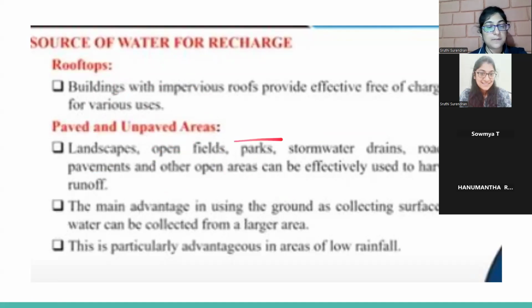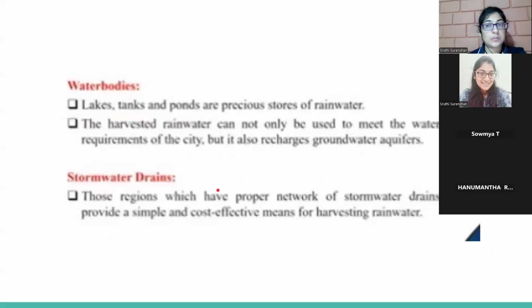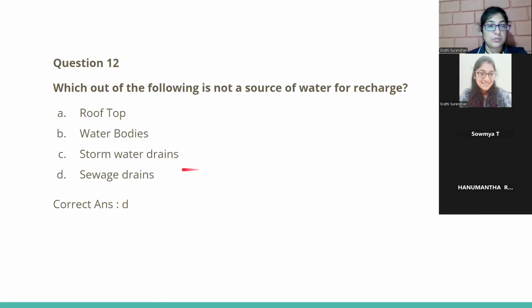Paved and unpaved areas will have surface runoff, which is going to go into slopes or collection points or stormwater drains, which can be used as a source of water for recharge. And there are water bodies like lakes, ponds, and tanks that can help in storing and then recharging groundwater. Stormwater drains again. So sewage drain is not a source of water for recharge.